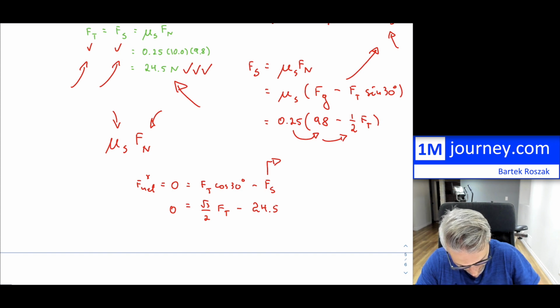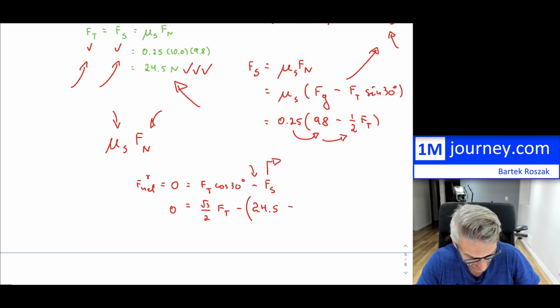Notice this minus right there, so this will cancel this. I'll just leave it like that so that you can see the signs. It's going to be minus, and this is going to be 0.25, which is really 1 over 4, so a quarter. So it's going to be a quarter times 1.2, which is going to be 0.125 right there. And this is going to be force of tension.